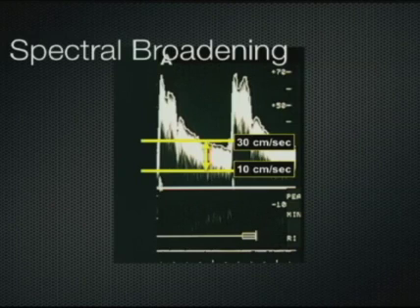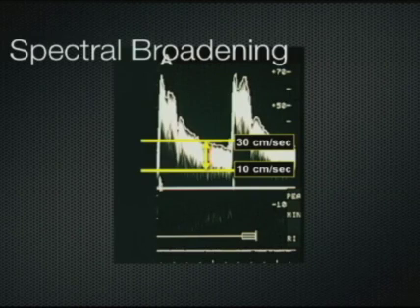In this case, the highest velocity cells in diastole are moving at approximately 30 centimeters per second, and the low velocity components in the vessels at around 10 centimeters per second. The range between 30 and 10 centimeters per second is the spectral breadth.